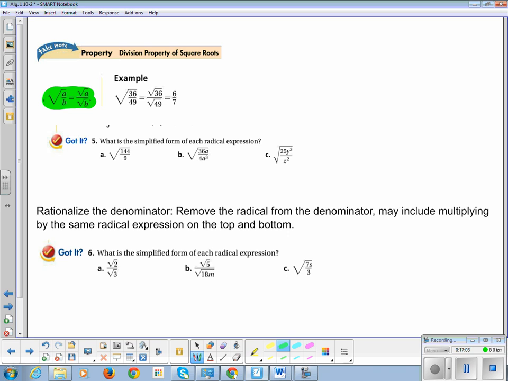For example, the square root of 36 over 49 is equal to the square root of 36 over the square root of 49, which is equal to 6/7. So we're going to do that with each of these.